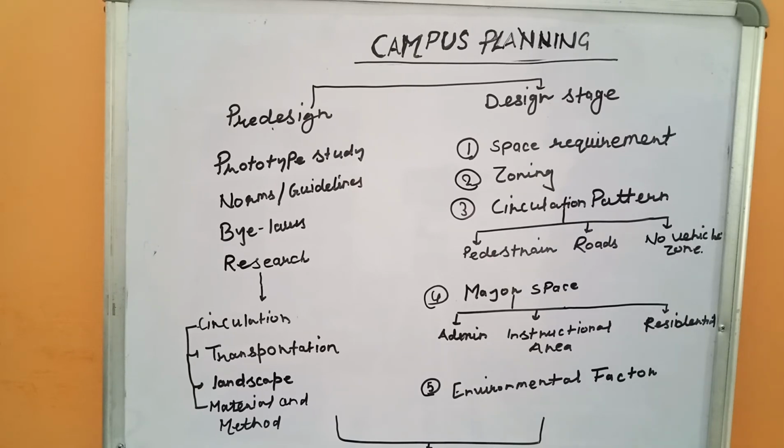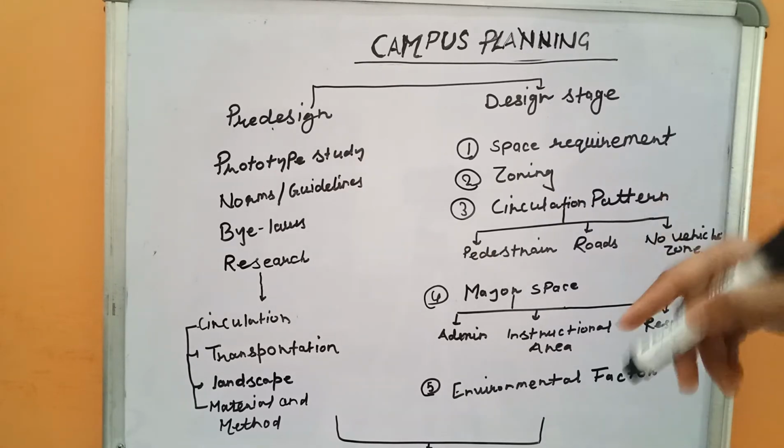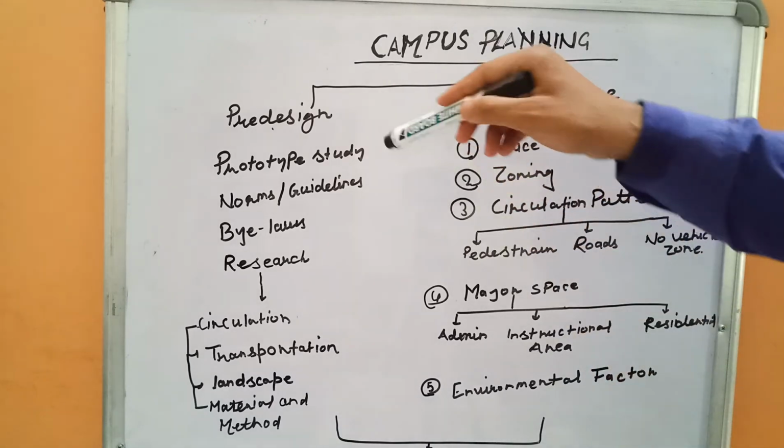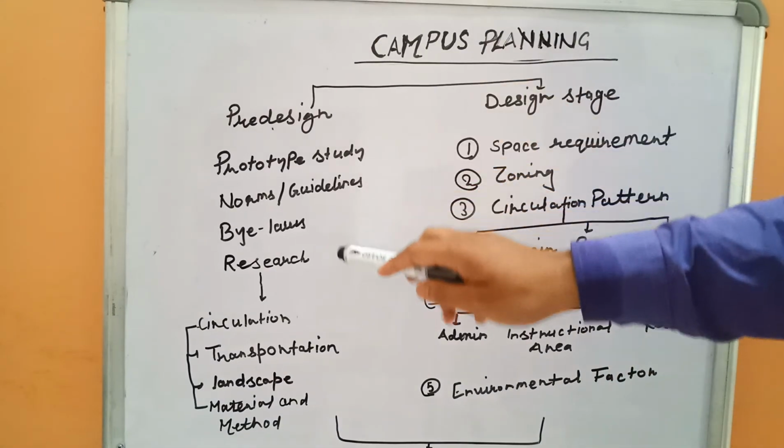In modern times we are saving our earth in terms of zero discharge buildings or energy conservation and climatic or environmental factors. So we should study the literature first here.